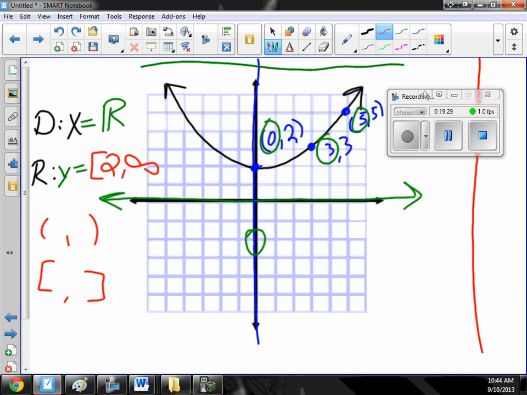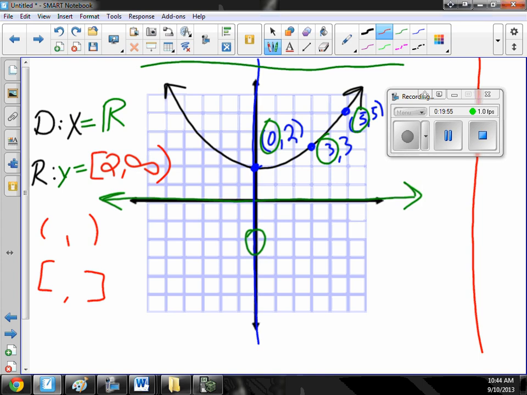You can never actually reach it. So every time you see an infinity, it's always open. So a bracket is called a closed interval, and a parenthesis is called an open interval. Now, don't get this confused with x comma y. That's not what this means. This means y is every number from 2 to infinity.